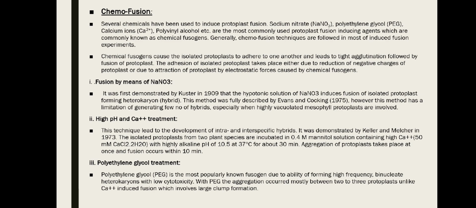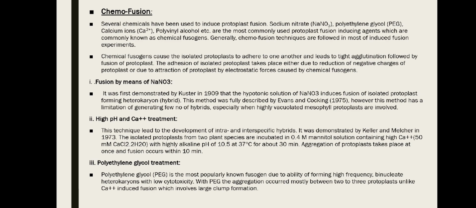Chemical fusogens cause the isolated protoplasts to adhere to one another, leading to tight agglutination followed by fusion of protoplasts. The adhesion takes place either due to reduction of negative charges of the protoplasts or due to attraction of protoplasts by electrostatic forces caused by chemical fusogens.